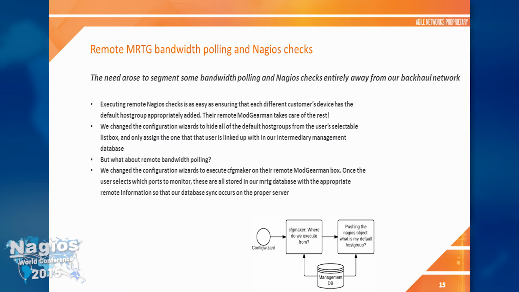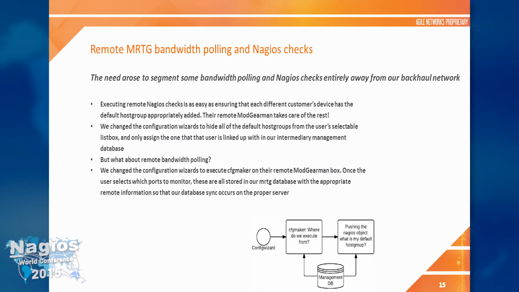So that's all fine and good for mod Gearman, but what about the remote bandwidth polling? We changed the configuration wizards to execute config maker on their remote mod Gearman box. So through SSH, whenever we're trying to get that port information, we just run config maker over SSH, as if it was run locally on whatever probe device we have on their logical network, so that it can be run from wherever they're at.